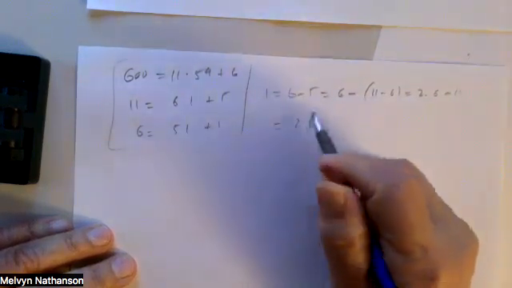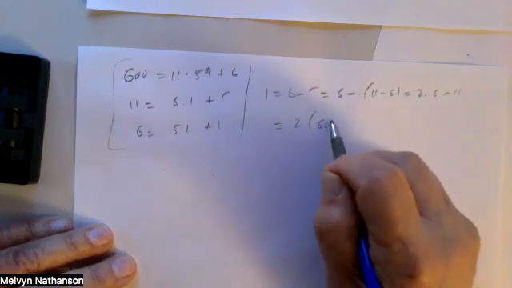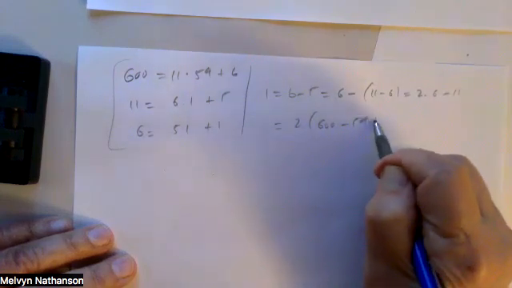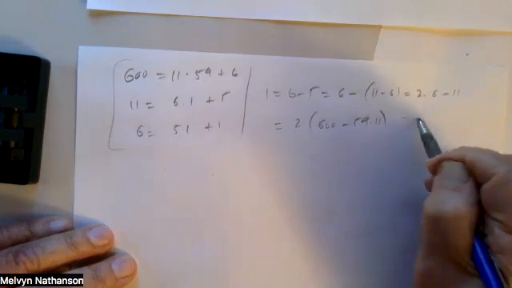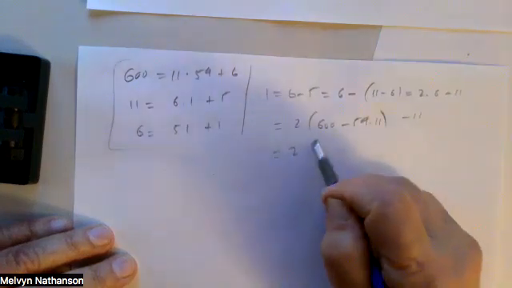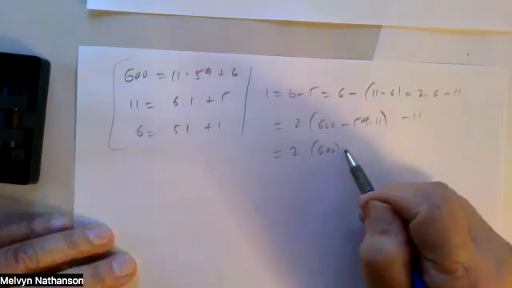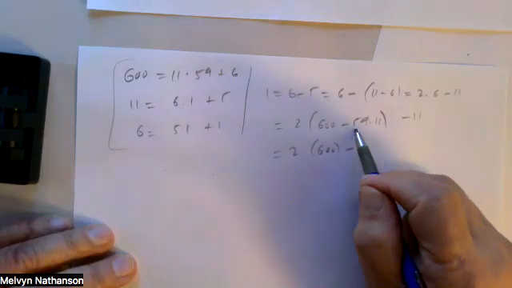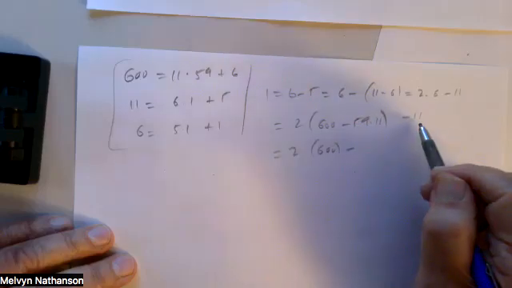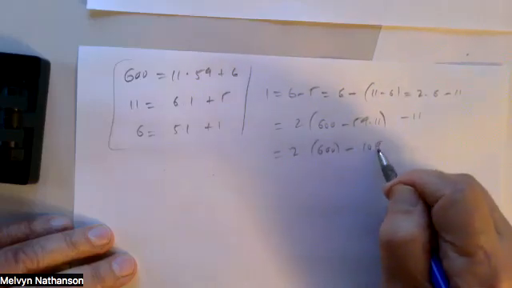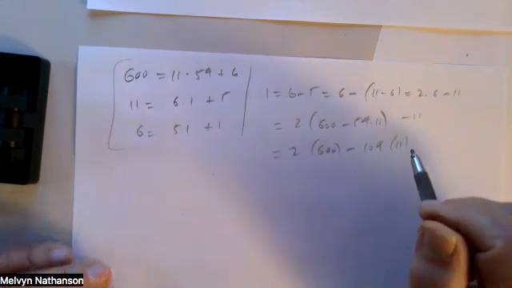6 is 600 minus 54 times 11, minus 11. This is 2 times 600 minus 2 times 54, 108, minus 1, minus 109 times 11.